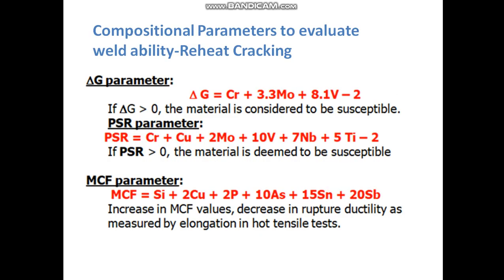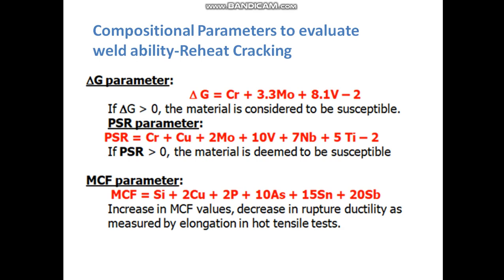Now to evaluate the reheat cracking susceptibility, there are compositional parameters. The first parameter is the delta G parameter. The delta G parameter considers chromium, molybdenum and vanadium, and if the composition of the weld deposit gives a calculated value greater than 0, the material is considered to be susceptible.